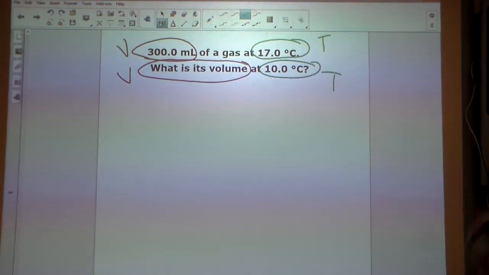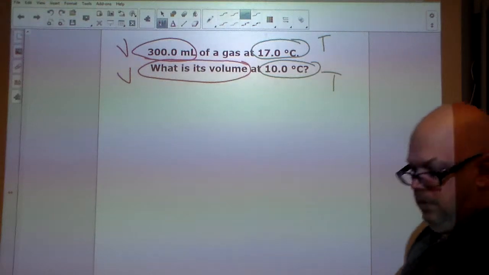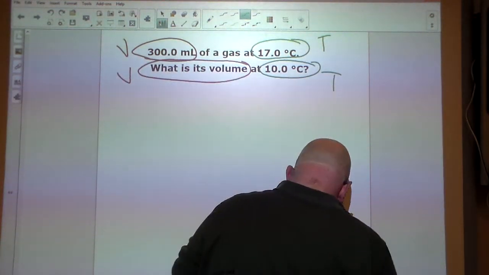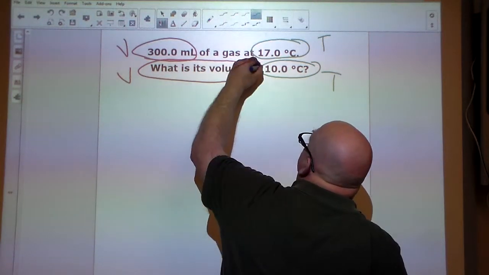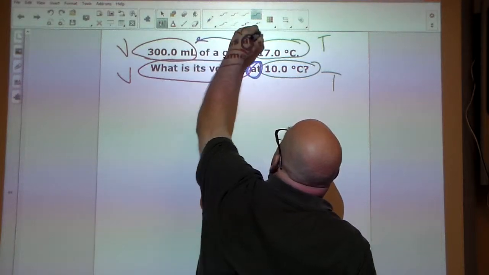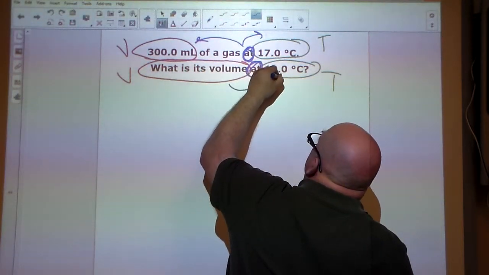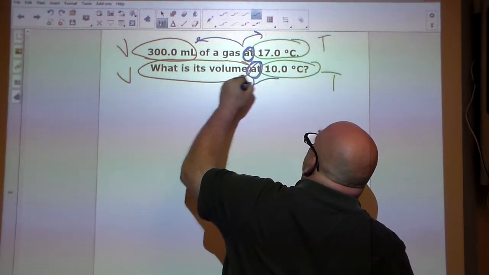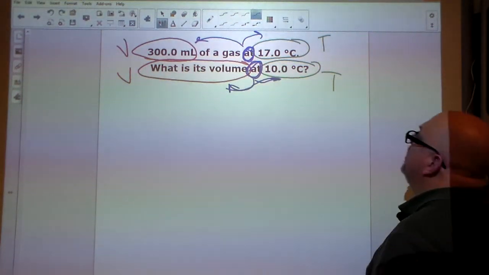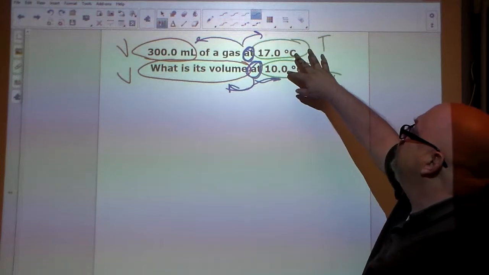Now, how do we know which one is which? Well, I'm going to look for the keyword at, right here. So the ats connect these to each other. That's what happens. So now we know how they're connected. We need to add 273.